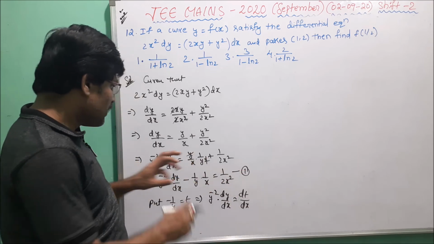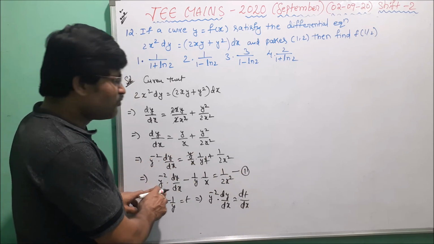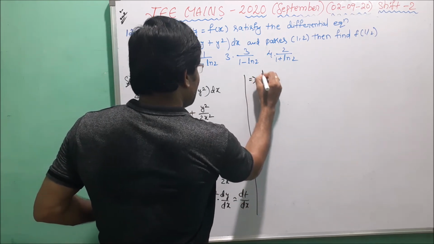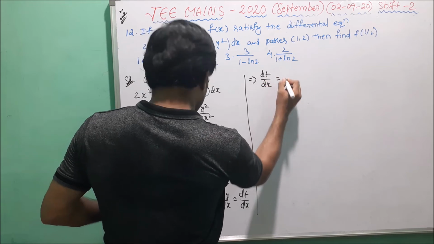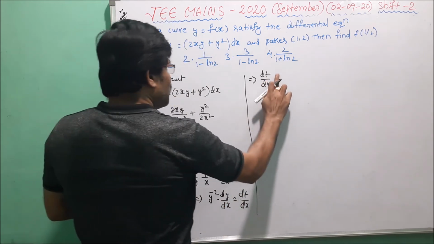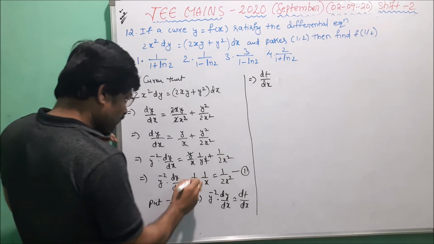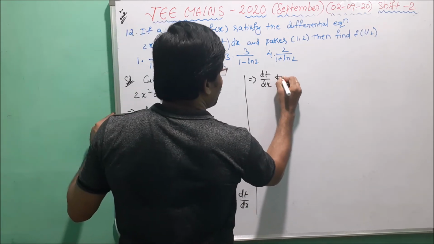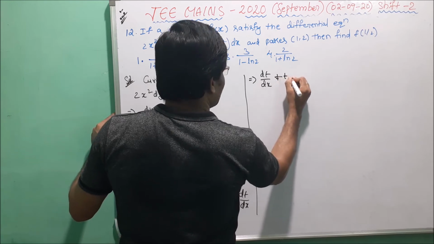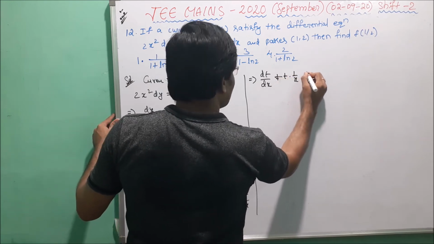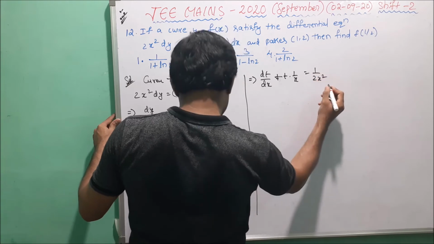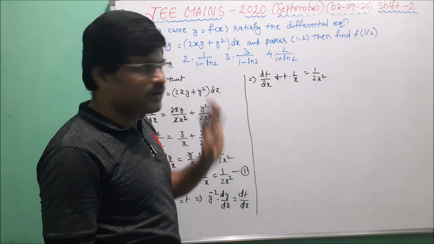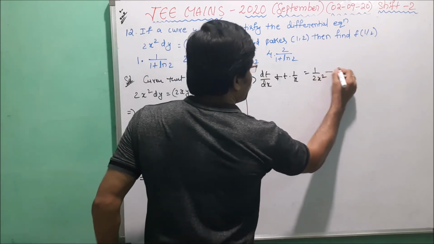This value can be substituted in equation 1, which implies dt/dx plus, in this, minus 1/y already equals t, so plus t into 1/x equals 1/(2x²). This is a linear differential equation in the variable t, which is equation 2.